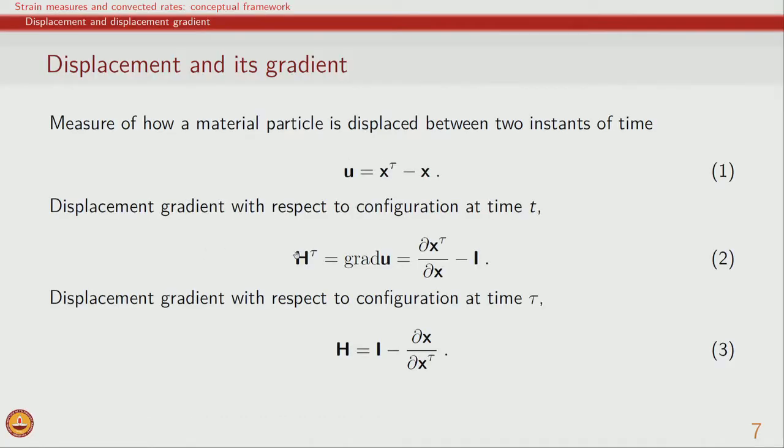So, this is called the relative displacement gradient because it is with respect to the present configuration.